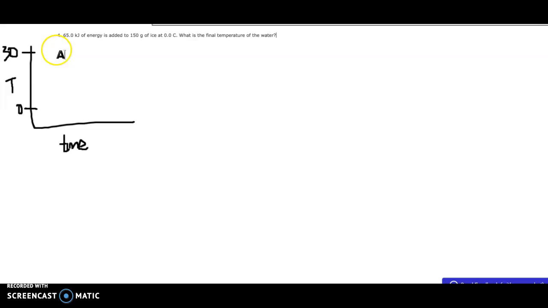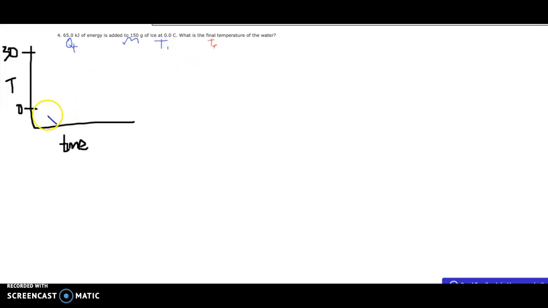All right. So this one's kind of different because we are actually finding the final temperature. They give you your total energy, which is 65.0 kilojoules. They give you a mass, and they give you an initial temperature.